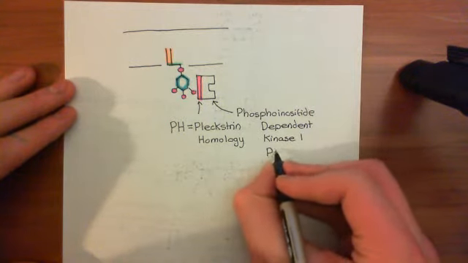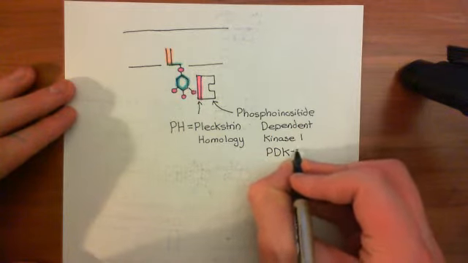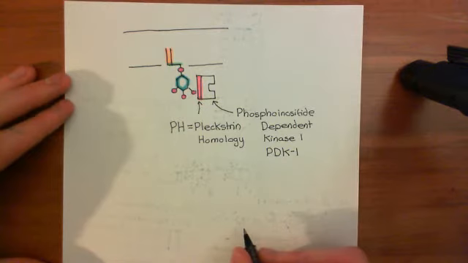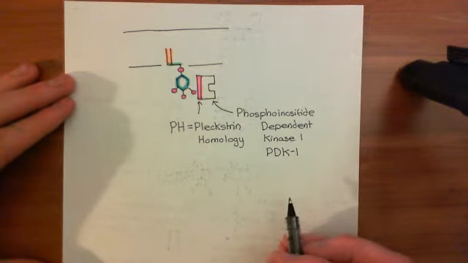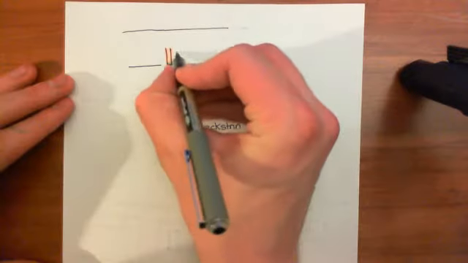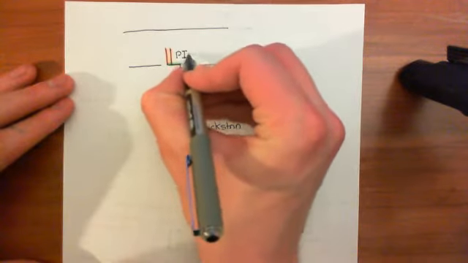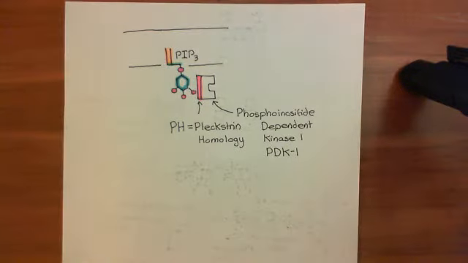P for phosphoinositide, D for dependent, K for kinase, and then it's PDK1. Now, not only does the binding of the pleckstrin homology domain to the PIP3 molecules within the lipid bilayer sequester the phosphoinositide-dependent kinase 1 enzyme at the inner leaflet of the phospholipid bilayer, but it also actually activates its kinase activity.